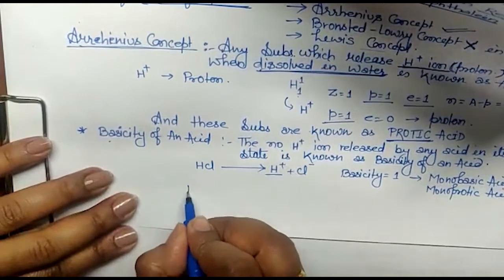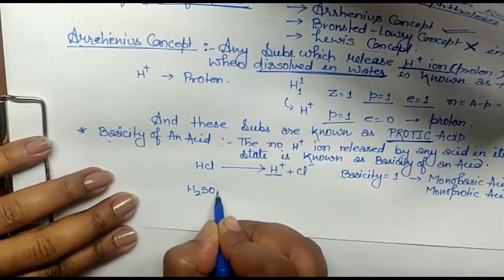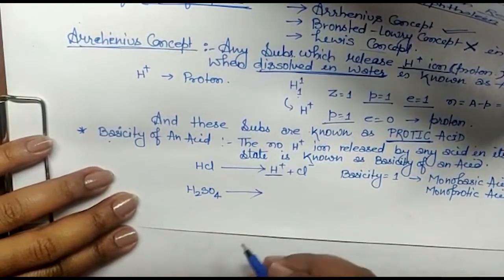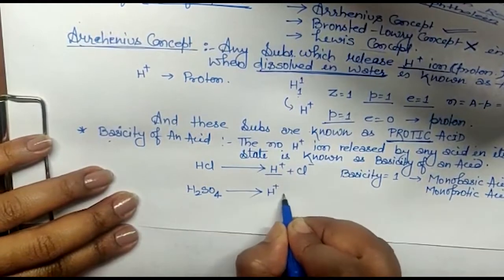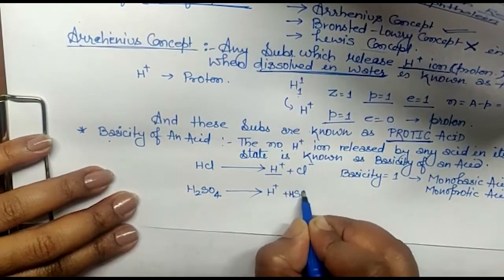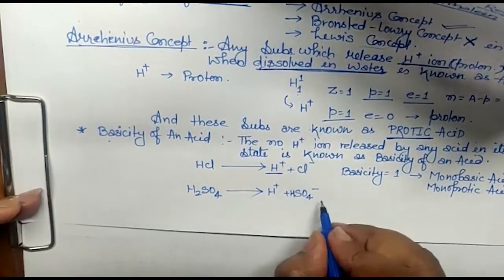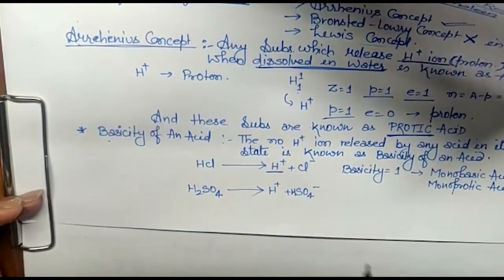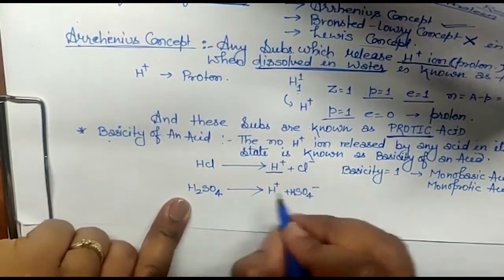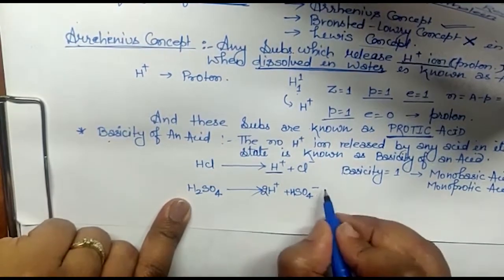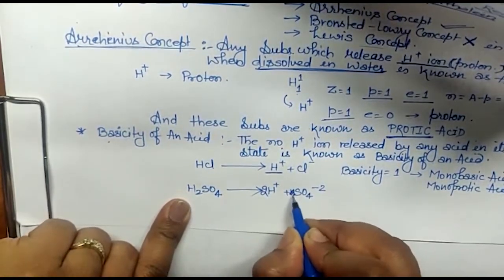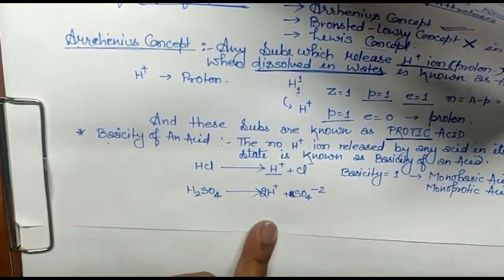Another example, H2SO4. When we dissolve in water, this gives H+ and HSO4-. Got it? Or you can directly write, or on further dissolving, it will give another H+ also because it has 2 H+. In the same way we can write 2 H+ and SO4 2-. You can write in this way.